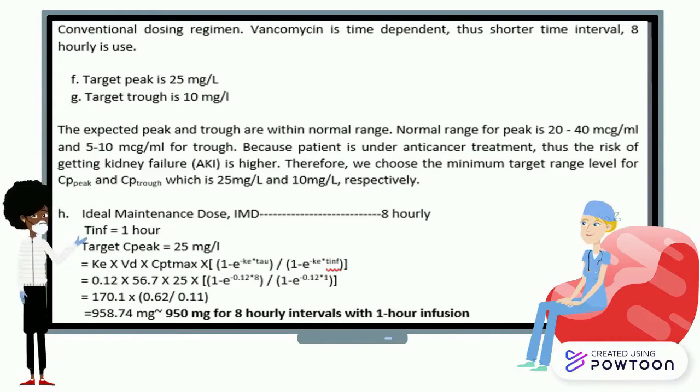For the ideal maintenance dose, previously we have chosen to administer our drug 8-hourly, the t infusion to be 1 hour, and the target Cp peak to be 25 mg per liter. Putting all of these variables in the formula to calculate the ideal maintenance dose, the final value is 958.74 mg, rounding it off to 950 mg for 8-hourly intervals with 1 hour infusion.